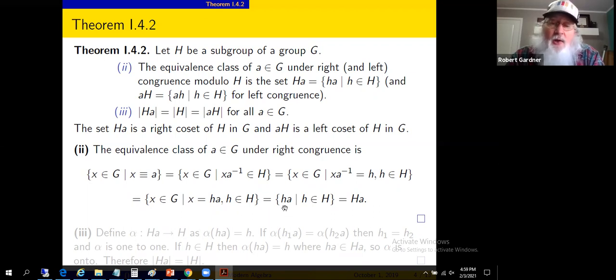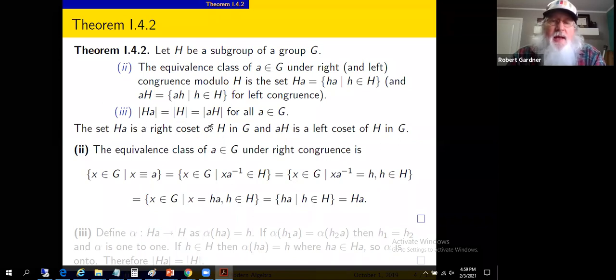We're getting all ha such that h ranges over subgroup H, and symbolically that is what we've called the right coset Ha. So everything which is right congruent to a modulo H is in this coset, and similarly for left congruence.